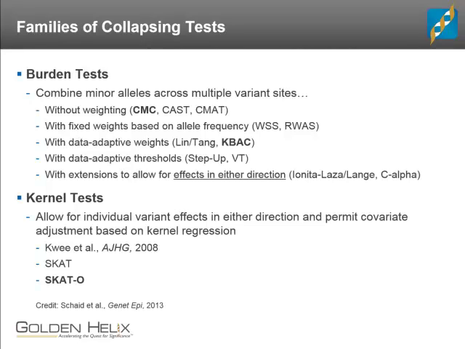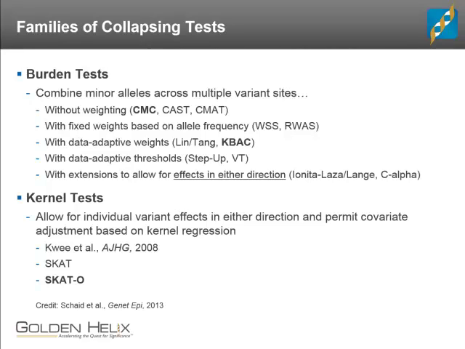There are tests that have more of a data adaptive weighting procedure like KBAC, which weights variants according to their prevalence in cases versus controls to a degree. And there are other methods that have data adaptive thresholds based on allele frequencies and so on. And then there are numerous extensions to all of these methods, sometimes perhaps to allow for effects in either direction or for other disease models or testing other hypotheses.